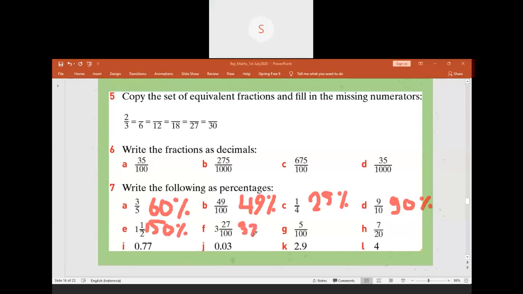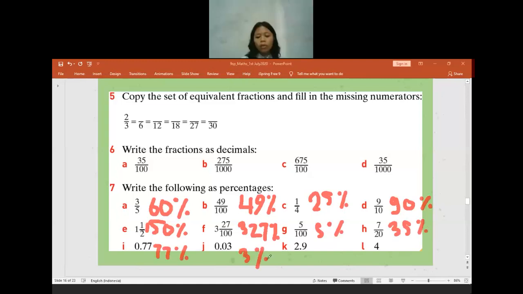After that, 5%. And then after that, 35%. Good job. After that, 77%. 3%. Okay. 290%, and 400%. Okay.